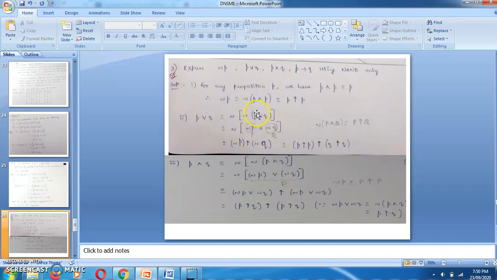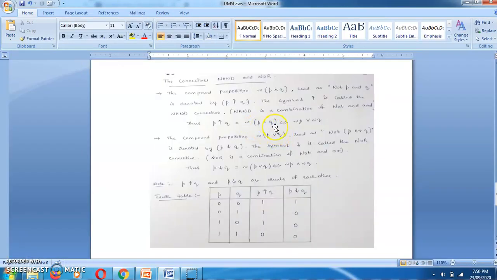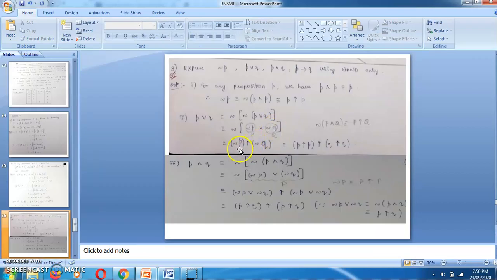Now negation of (p or q), the inner bracket: if we solve it using De Morgan's law, it becomes negation of p and negation of q. And negation of (p and q) we can write in this manner, considering it as p NAND q.